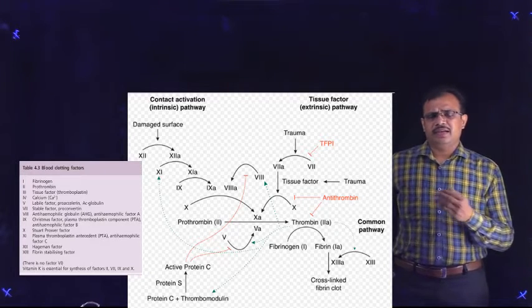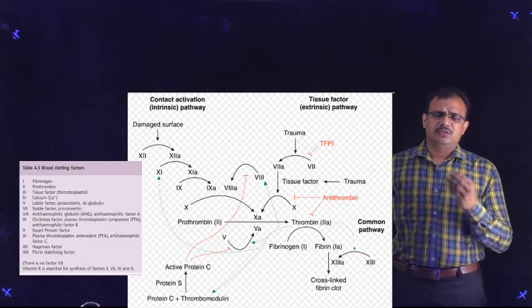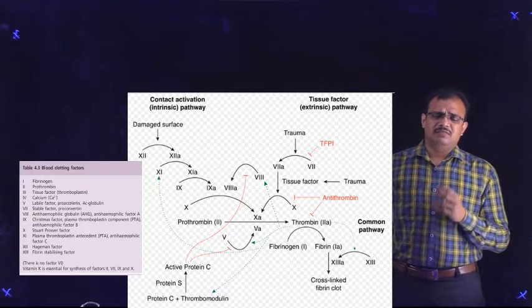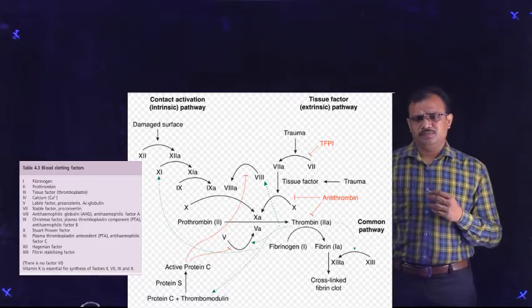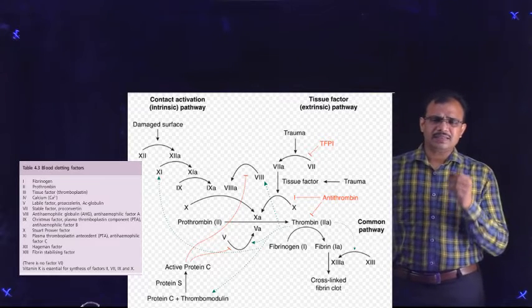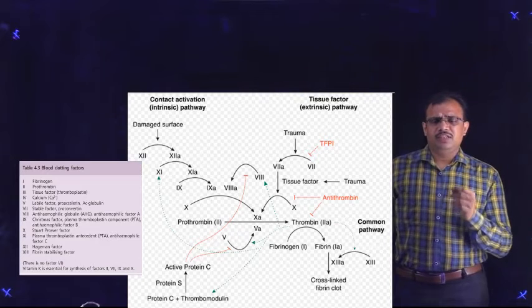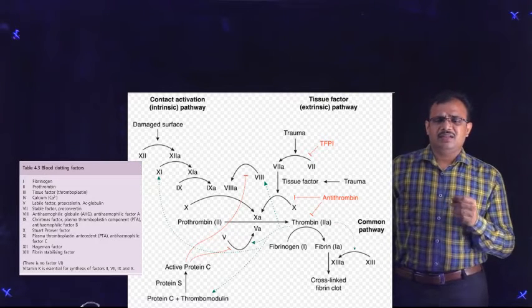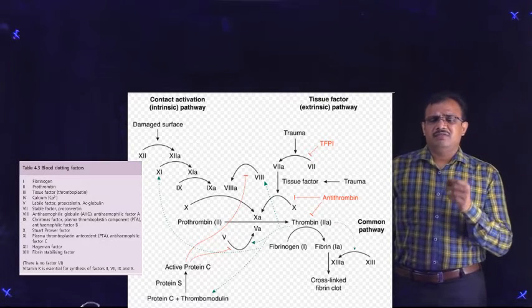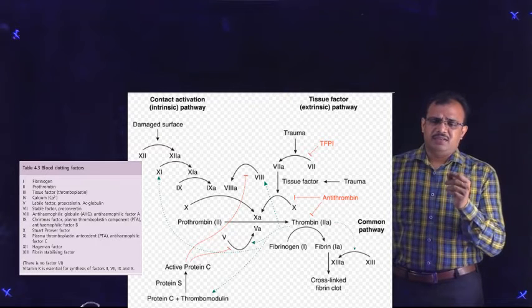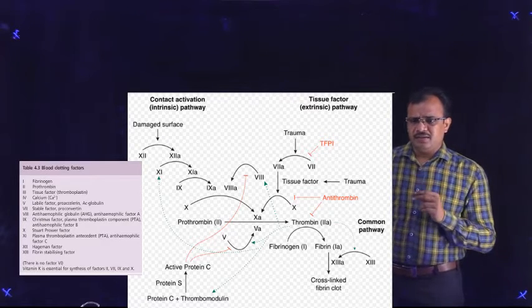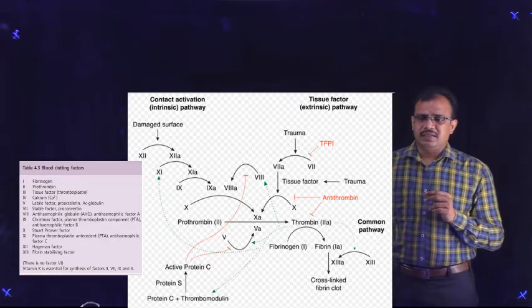So this diagram shows the two different pathways which are essential for clotting. Here in the extrinsic pathway, damage to any tissues will lead to release of a tissue factor, and this factor will convert factor 7, the stable factor, to factor 7A.